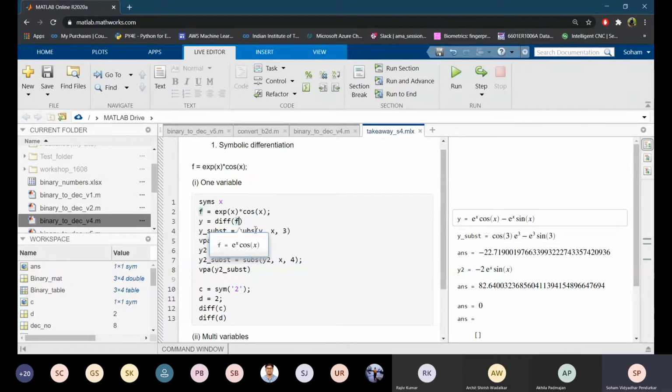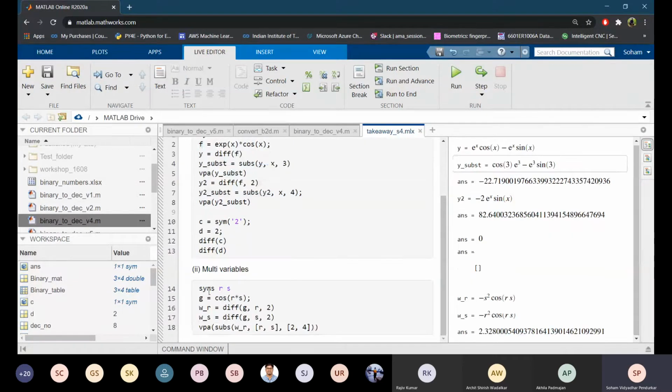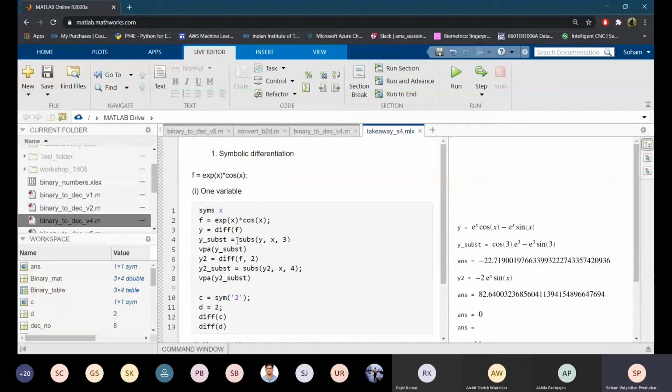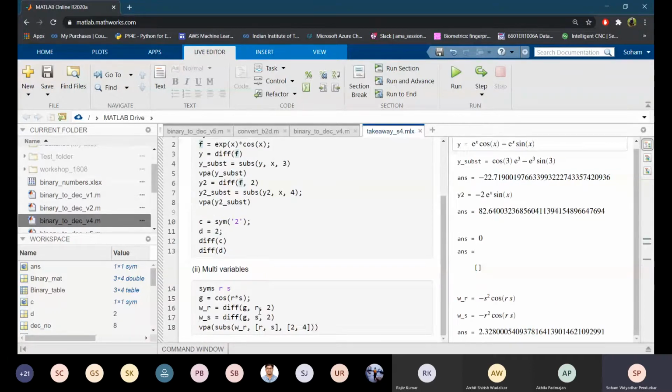In this case, I defined cos rs, and now I'm defining r. So the next argument is telling the diff function to differentiate only with respect to r. Even if you specify it when there is only one variable, it already knows, so it differentiates with respect to that. As soon as we give two variables, it needs to be told which variable to differentiate with respect to.